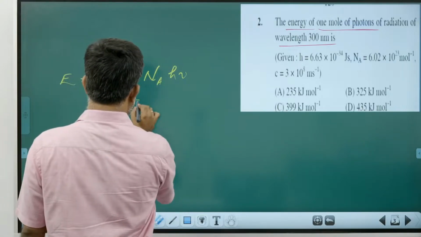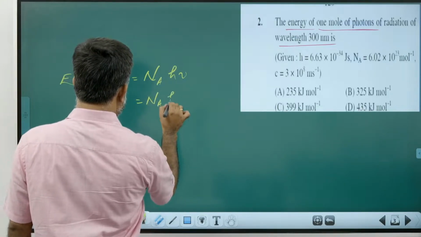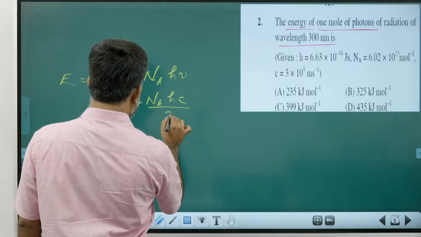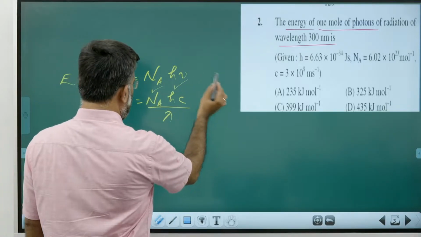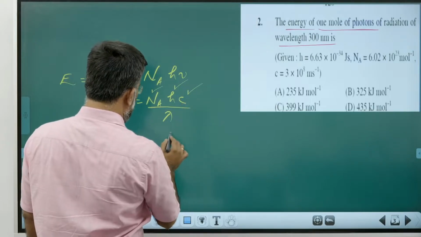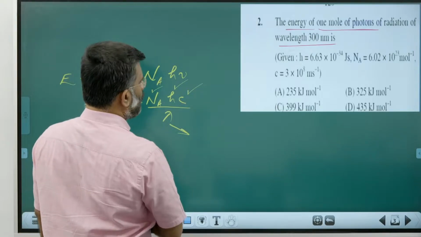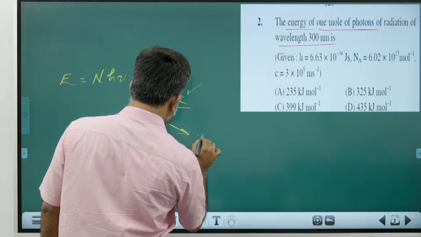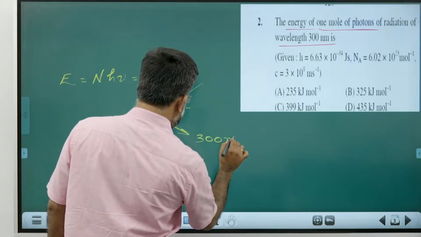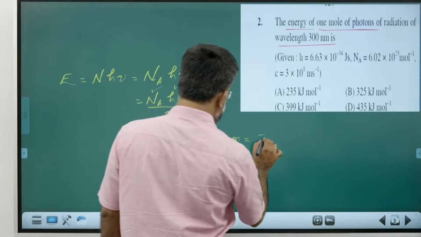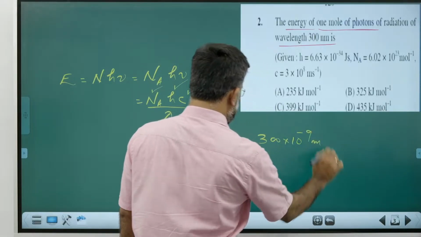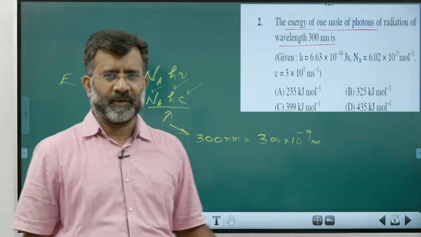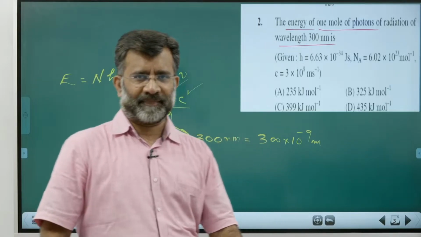Wavelength is given, so it is Avogadro number into hc by lambda. You know the Avogadro number, h value, c value, and lambda is given: 300 nanometer, that is 300 into 10 power minus 9 meters. Upon substituting, you can find out the answer.